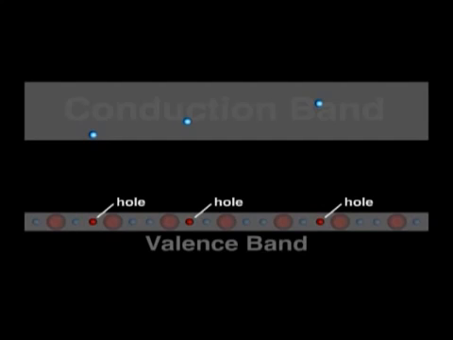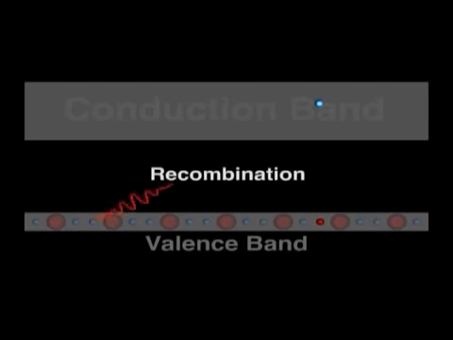Note that the crystal is still overall electrically neutral, with the same number of positive charges and negative charges. However, electrons, once promoted, can spontaneously fall back into the hole in a process called recombination.